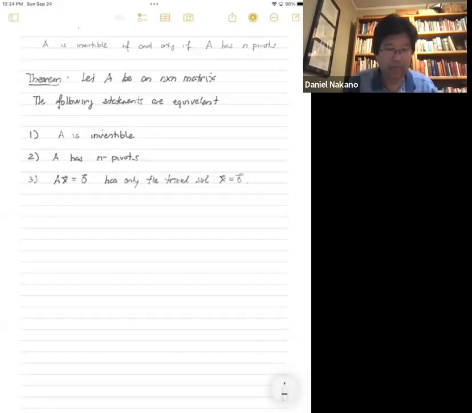Okay. So what does that mean? Well, it means that the columns of A are linearly independent.